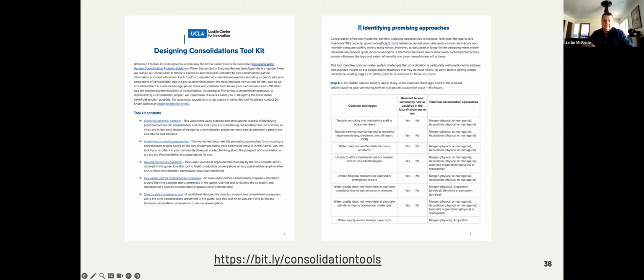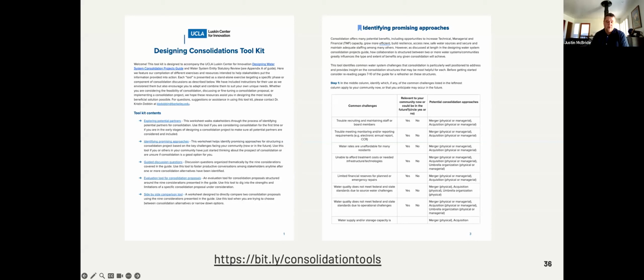There's 5 different tools in the kit. One is a worksheet for looking at how to explore potential partners. One is a worksheet to help identify what type of consolidation might work best for you, if you're looking at something like that. One is a number of key questions that you'd want to answer before considering a project consolidation.